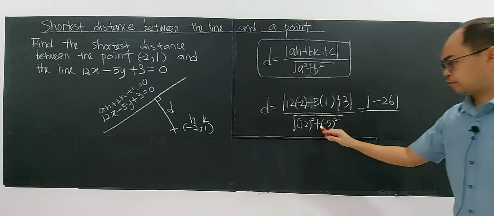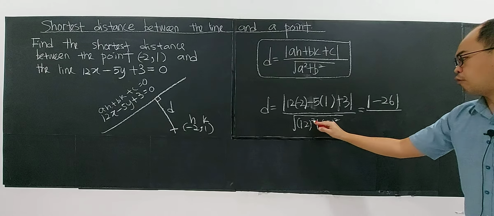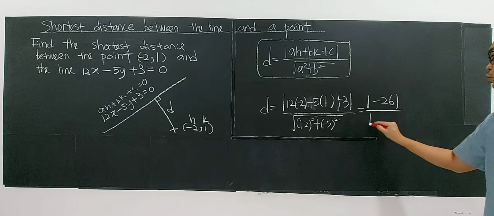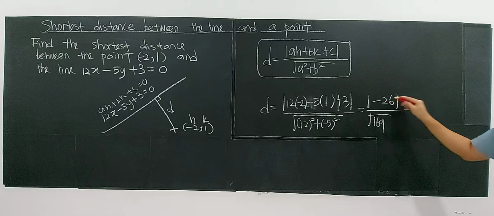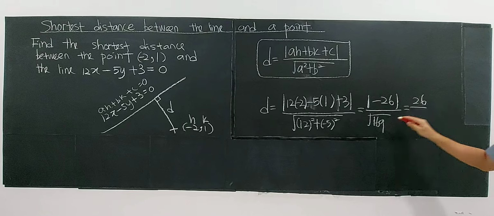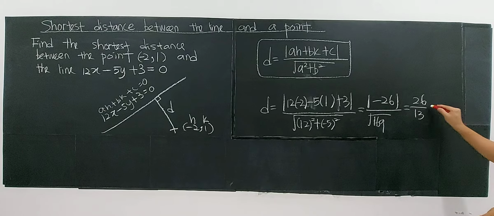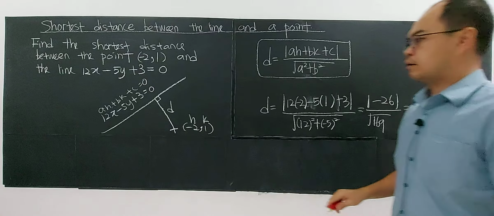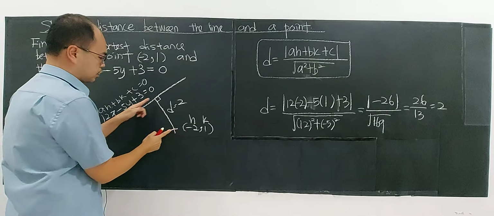So the square root of 12 squared, 144, plus 25, is 169. So the square root of 169. Which will give you the modulus of negative 26, which is a positive value, and the square root of 169 will be 13, which gives you 2 units. This means that the shortest distance from this point to this line will be 2 units.